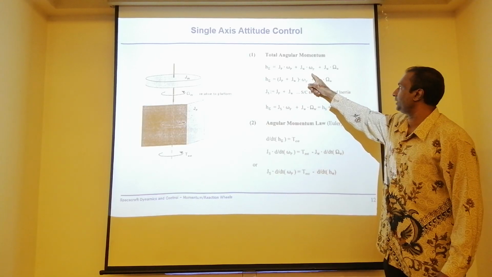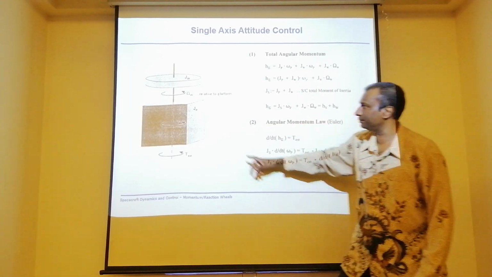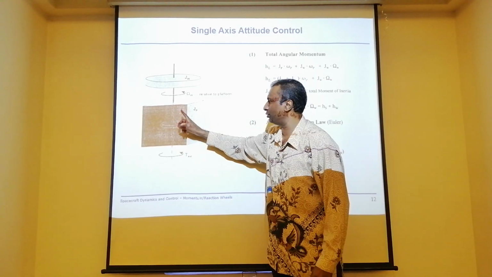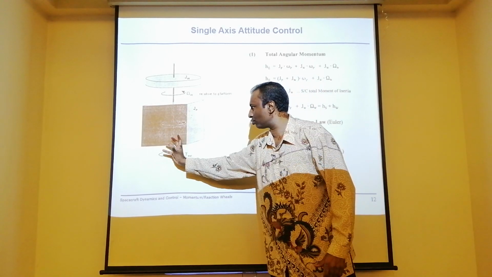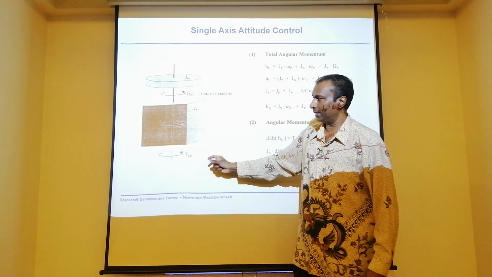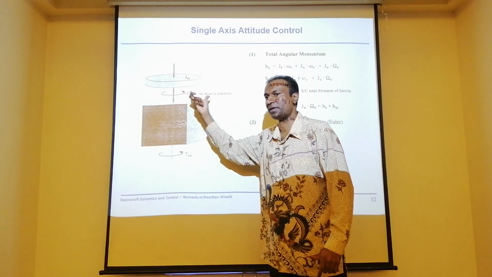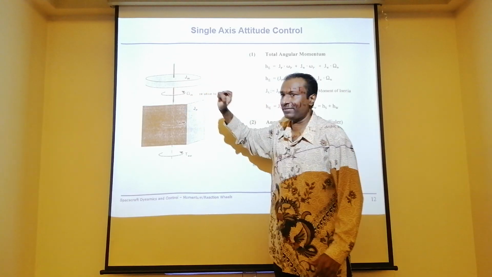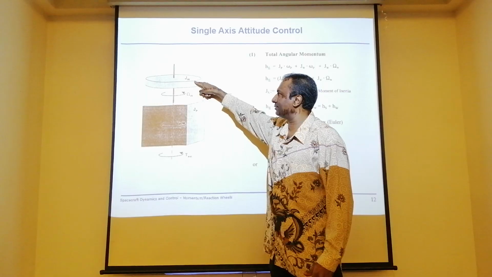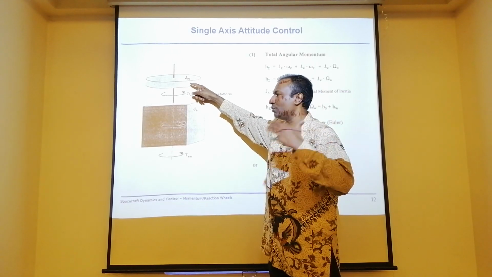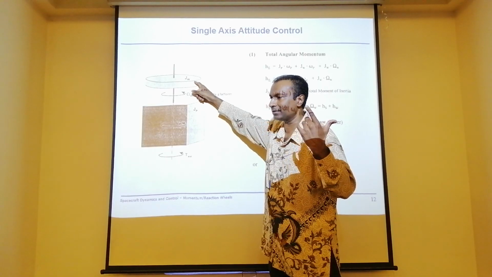Don't forget the wheel is also mounted to the platform, which means that if the platform is rotating at omega p, the wheel also is rotating at omega p. But the wheel itself is rotating at omega wheel.